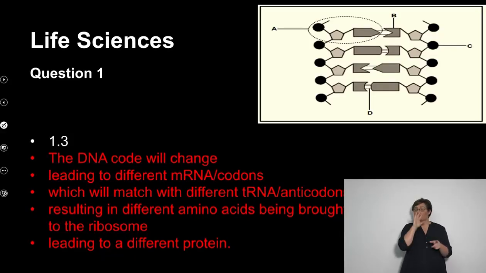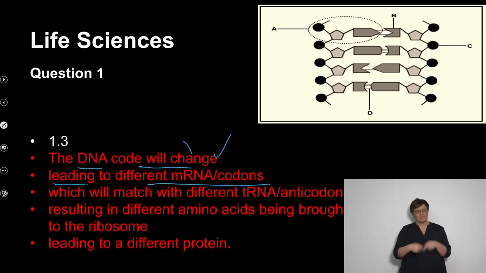It's important that we recognize that, I'm going to change my pen so it makes it easier for us to differentiate, that DNA will code for characteristics. So when the DNA changes, and that happens because of an alteration or a mutagen, we say that a mutation has taken place. This leads to a different mRNA being produced or a change in the codon.